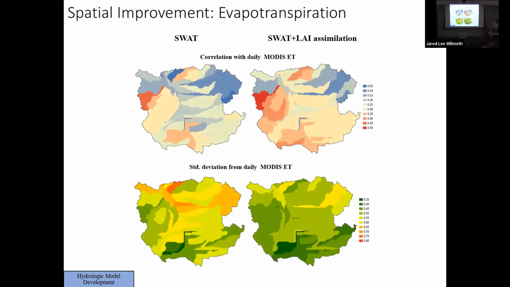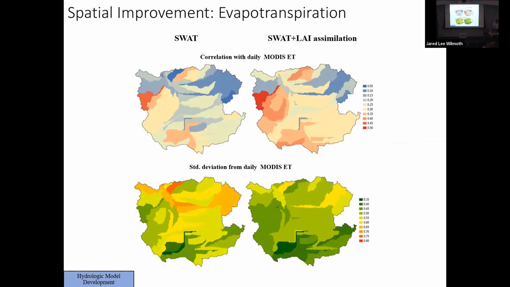This is a comparison between just using SWAT and using SWAT plus LAI assimilation. The graphs on the left are just using SWAT. On the right are a combination of leaf area index and the SWAT model. You see the improvement in the model.